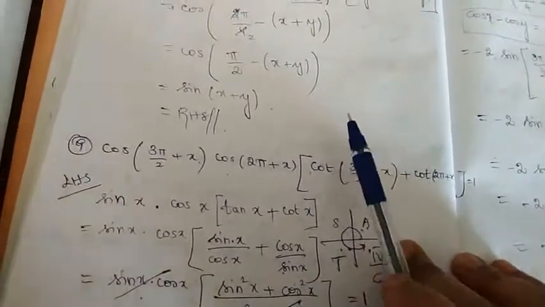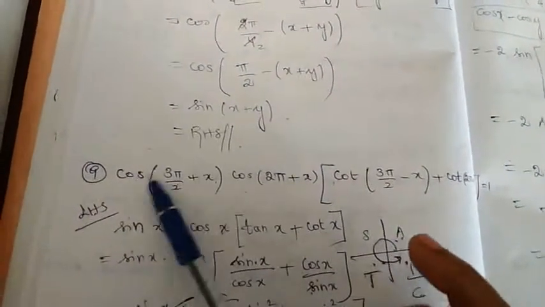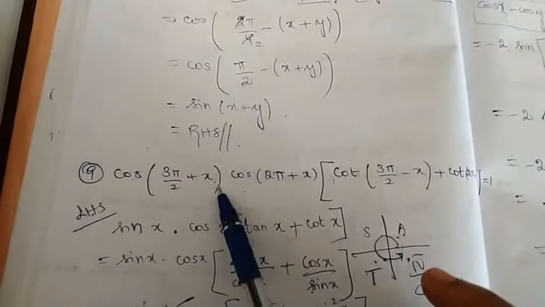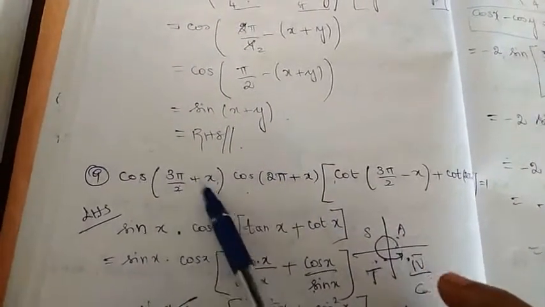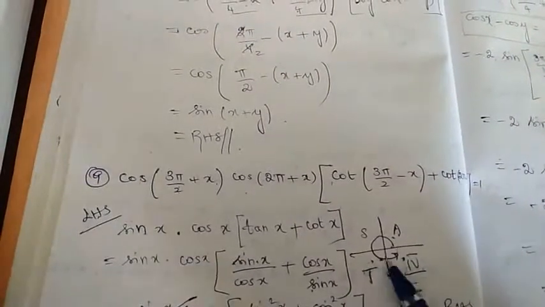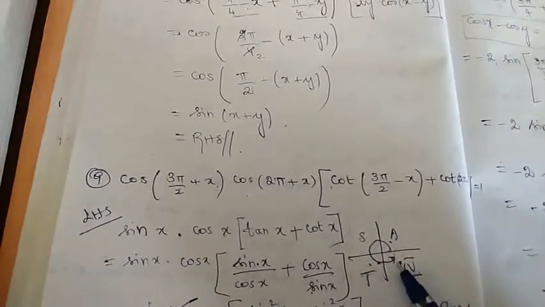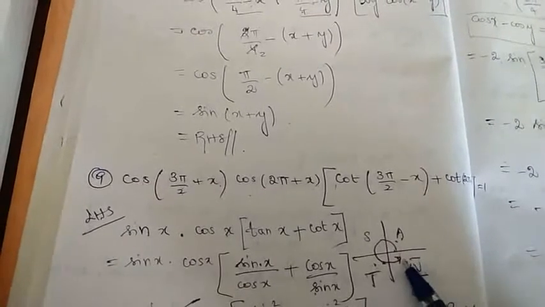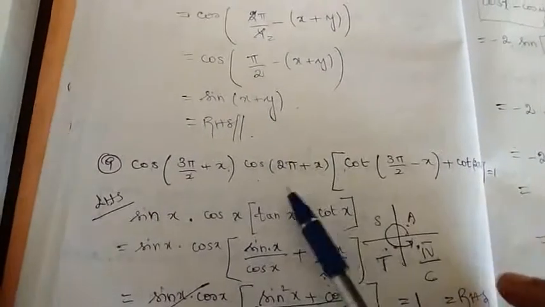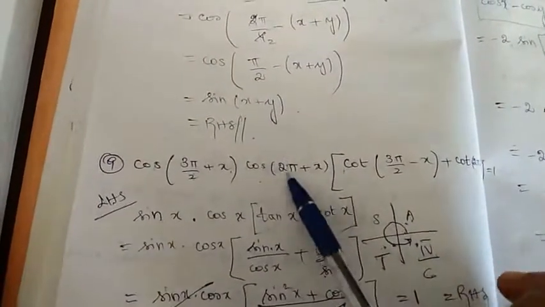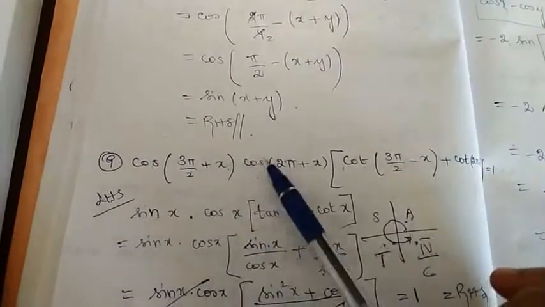And we know when we have an odd integral multiple of pi by 2, the trigonometric ratio will change. So cos x has become sin x, but this is 3 pi by 2 plus x. 3 pi by 2 is this, plus x. Cos and its reciprocal are positive, so it has become plus sin x. 2 pi plus x, when it is an integral multiple of pi, the trigonometric ratio will remain the same.